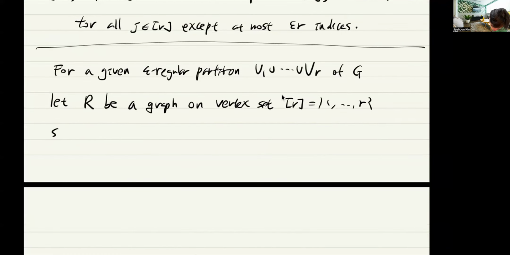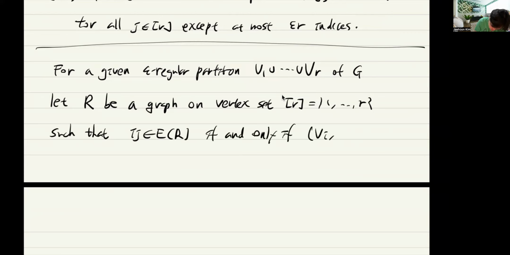There, we encode the information about the epsilon regular pairs. ij is an edge of R if and only if Bi and Bj are epsilon d regular for d bigger than some number delta.